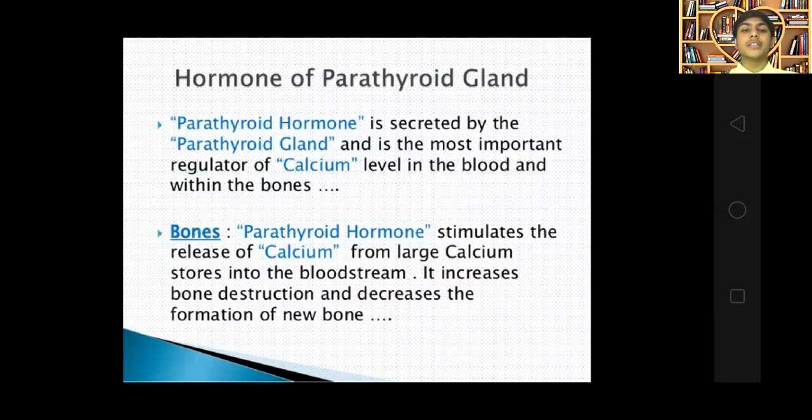We are moving ahead. There are some hormones of the parathyroid gland. Parathyroid hormone is the most important regulator of calcium level in our blood as well as in bone. We are dealing with bones.